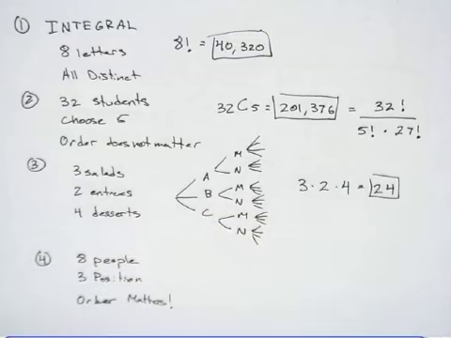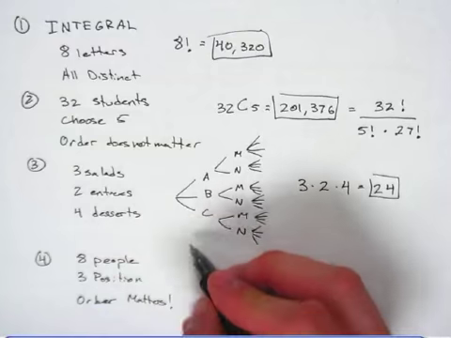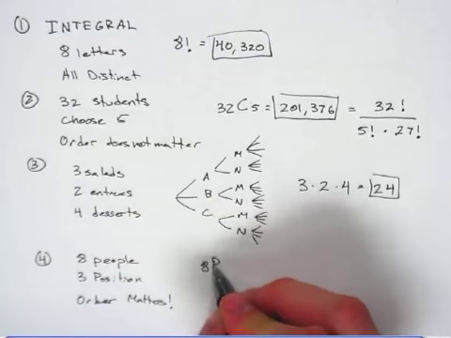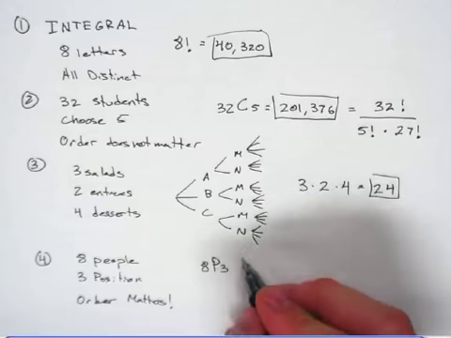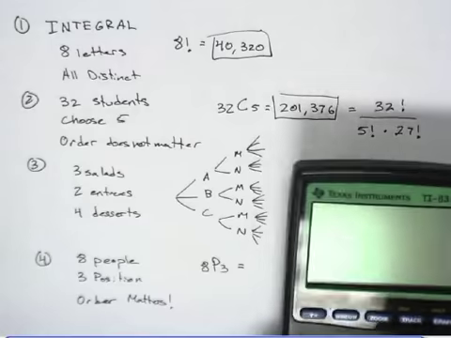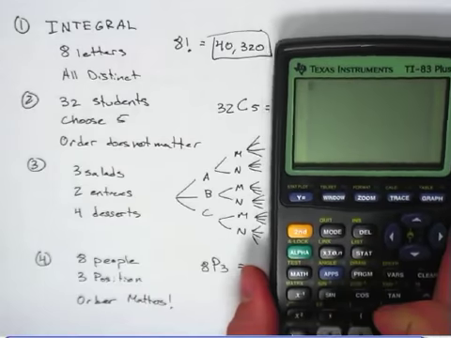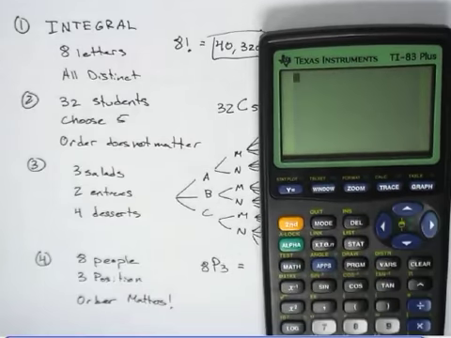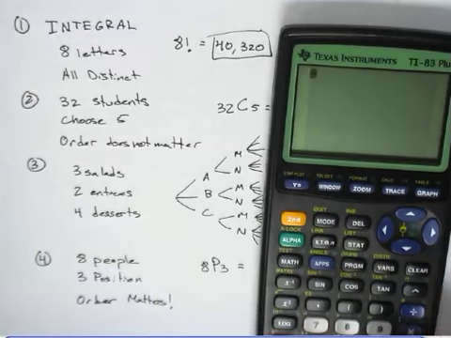And so then, since the order does matter, this becomes a permutation. So with your permutation, that is going to be 8P3, which, again, we can go into our calculator. So first of all, of course, hit 8.